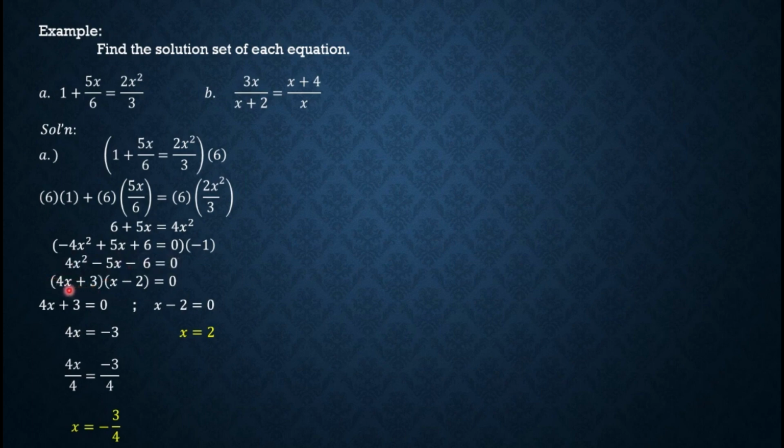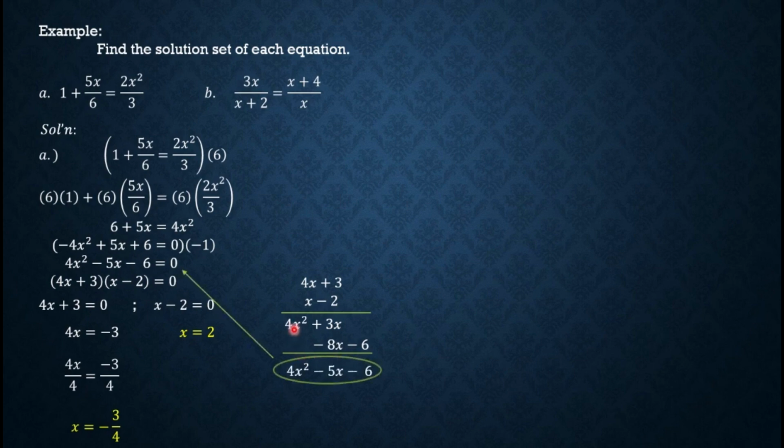Okay, I will check if this completing the square is correct. x times 4x is equal to 4x squared. Then x times 3 is equal to 3x. Negative 2 times 4x is equal to negative 8x. Negative 2 times 3 is equal to negative 6.